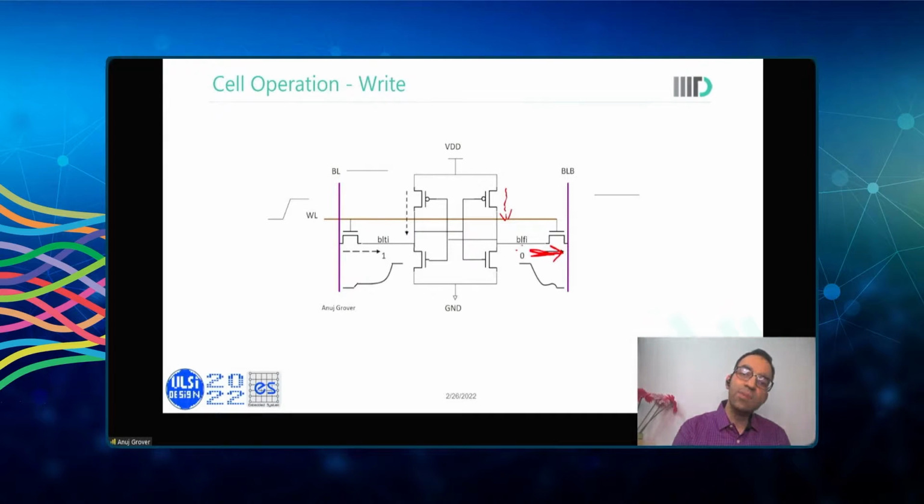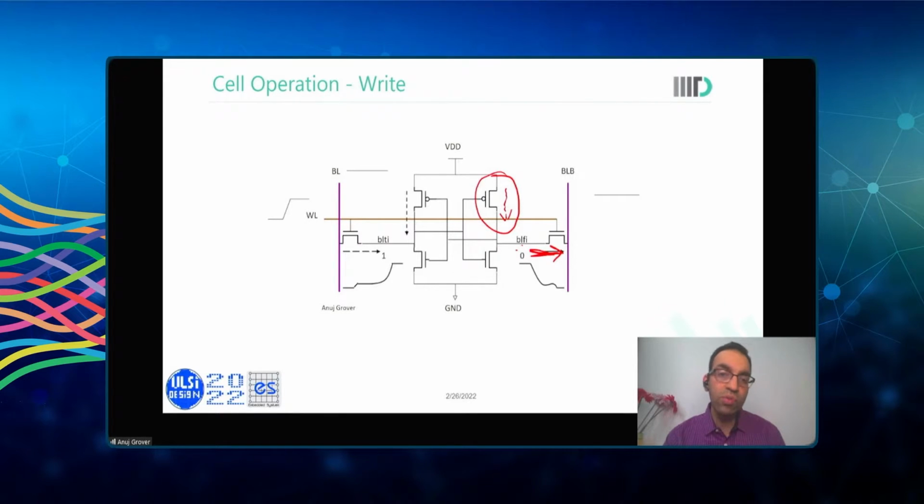In fact, in most advanced technologies, you will notice that this pull-up device is probably the most resistive device that you will make in the technology. This device not only has the minimum width, but also has larger length than the minimum length prescribed by the technology. So this is a very resistive device.